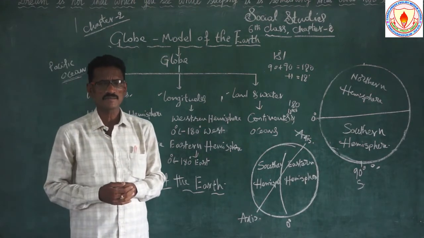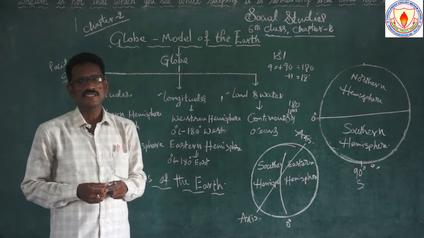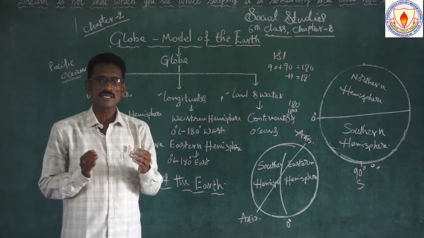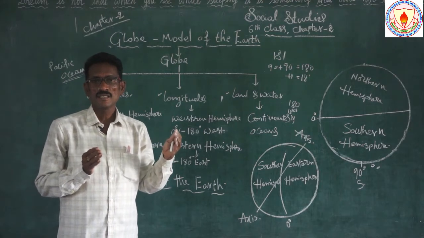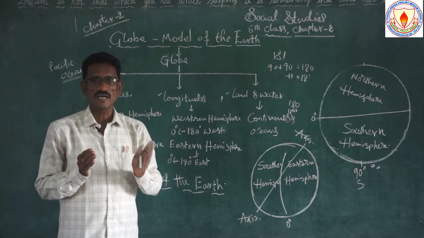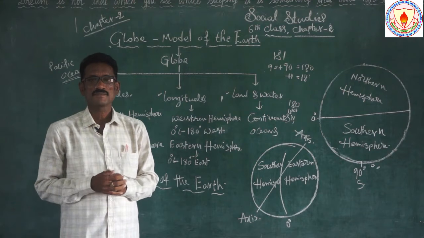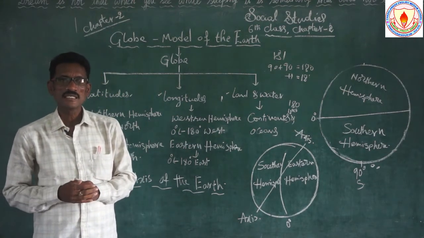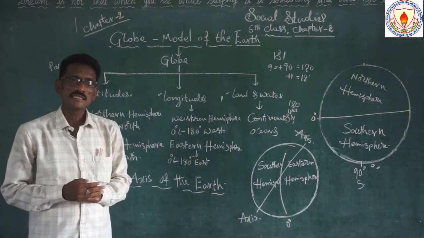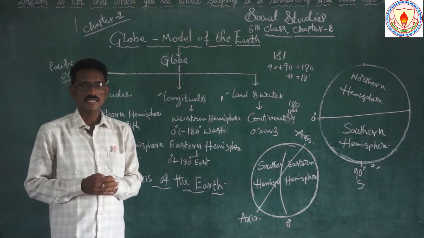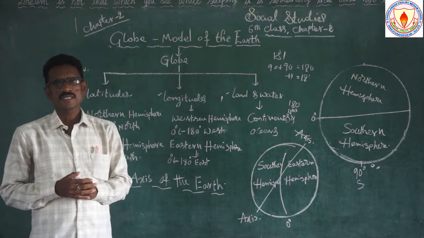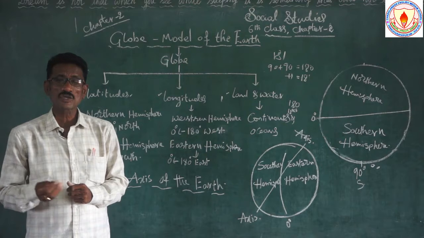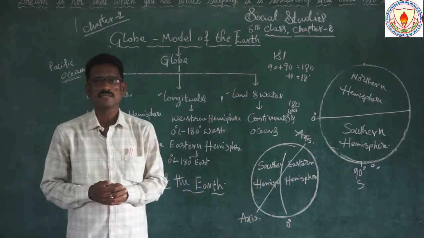In order of the oceans, first is the Pacific Ocean, and the second biggest is the Atlantic Ocean, which is between America and Africa. The next one, the third biggest, is the Indian Ocean, and the Southern Ocean is also there. The Southern Ocean means the south parts of the Pacific, Atlantic and Indian Oceans together.